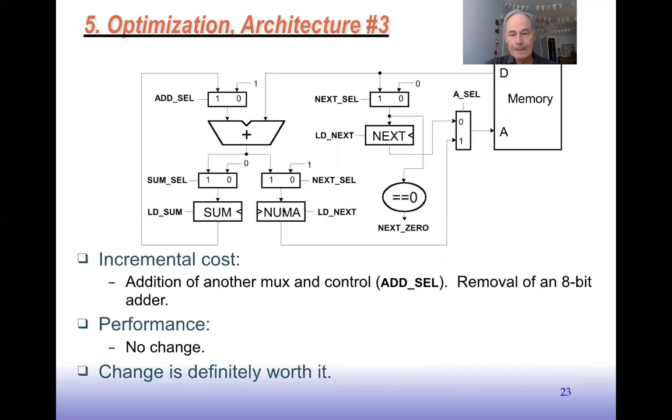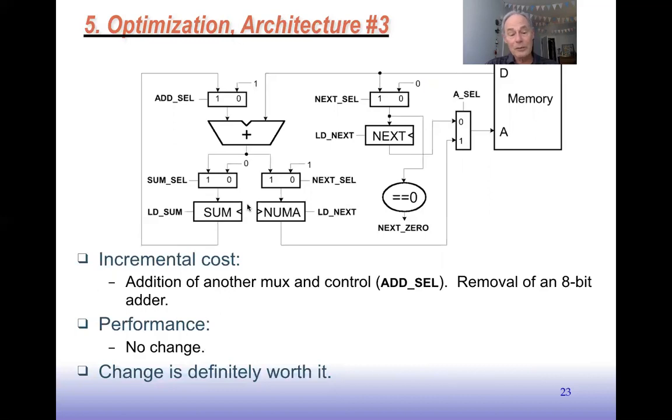But otherwise, we didn't have to add any other hardware, and we get to remove the 8-bit adder. Right. So the performance won't change, because even though we had a multiplexer in here, it's not on the critical path. Critical path was dominated by the memory path, right?